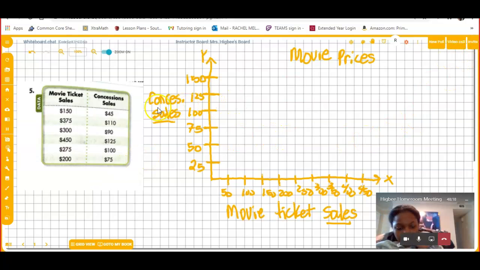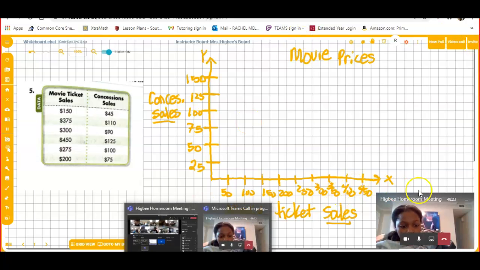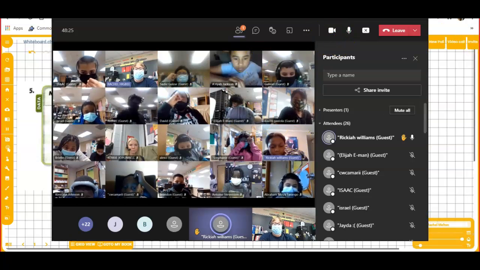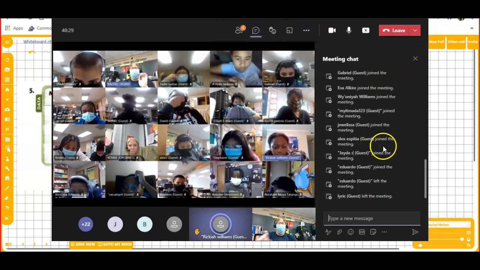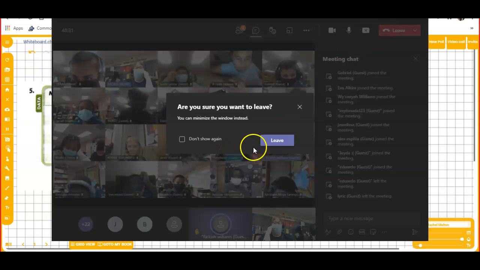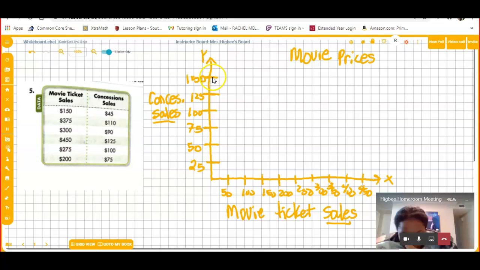Okay, so I am going to get to the chat. Miss Higby, why did you put a 150 on the Y axis? Well, great question. So is it okay to go over the number that I need?